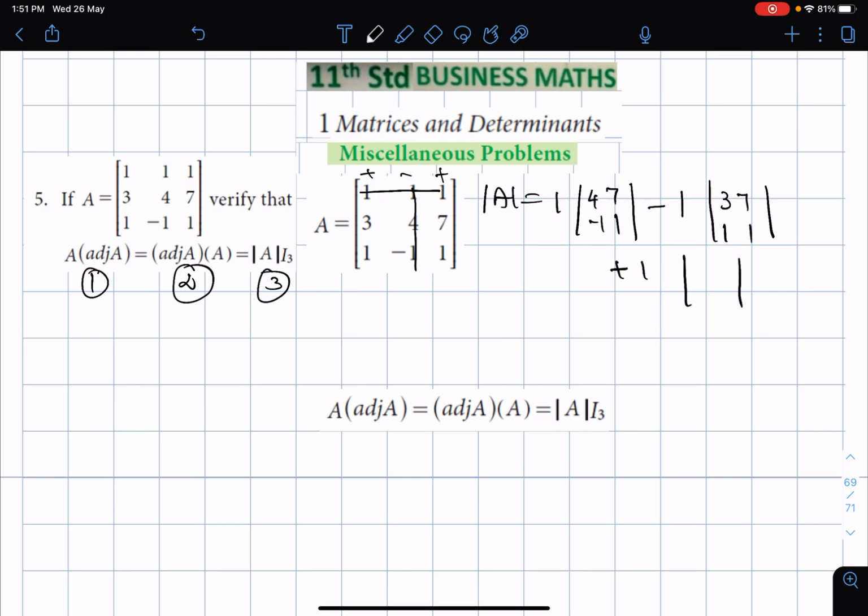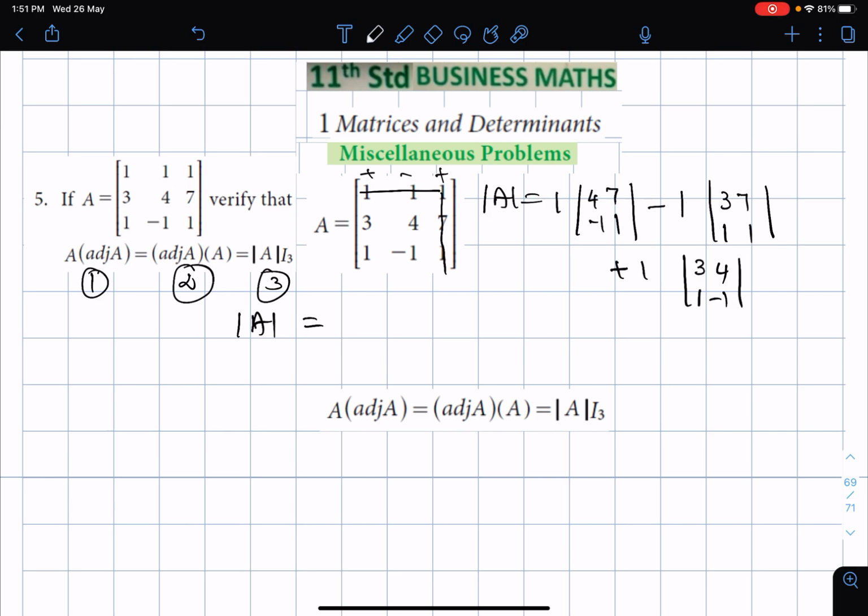Then when you eliminate the third column, your minor is going to be 3, 4, 1, minus 1.